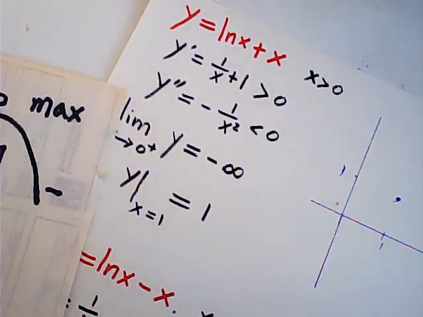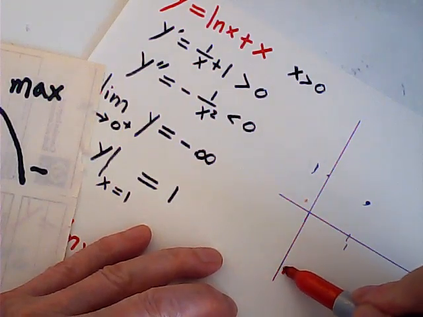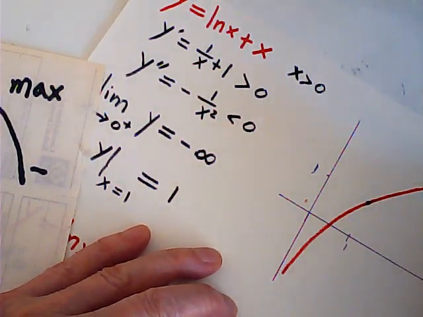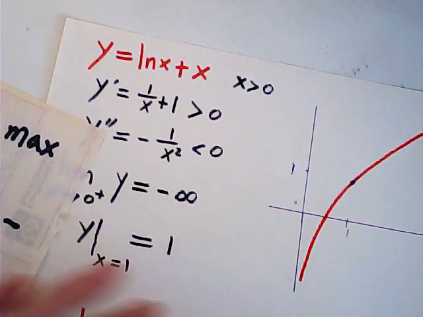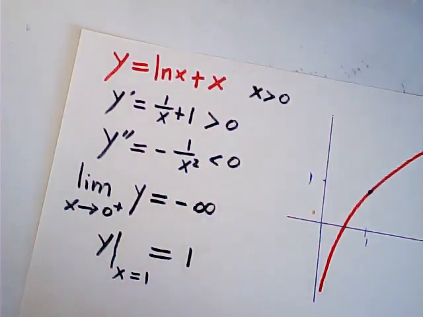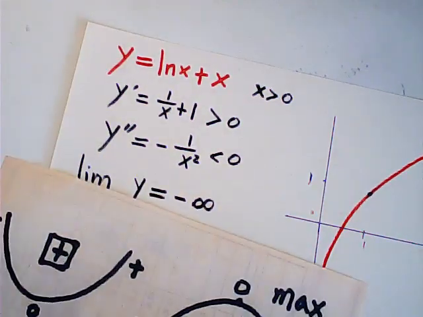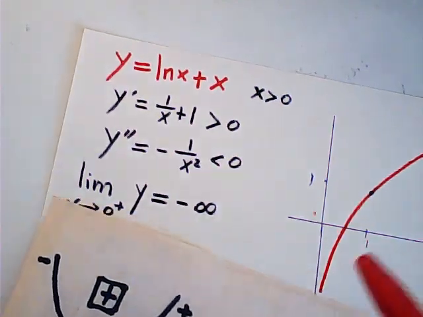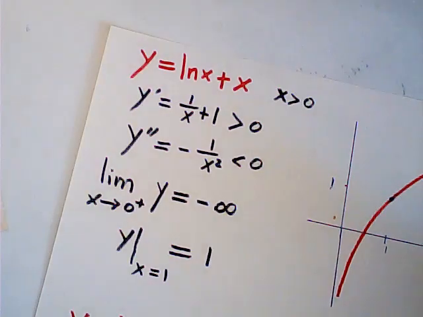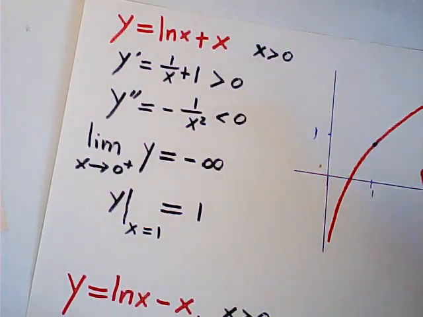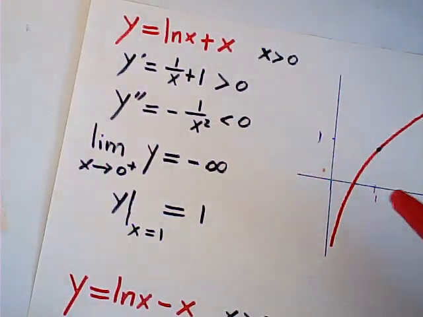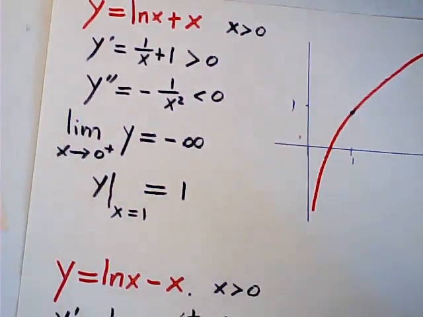So then we can sketch the curve. This is a very nice way to sketch the curve based on its shape using derivatives, and consider other factors like asymptote and particular points and so on.